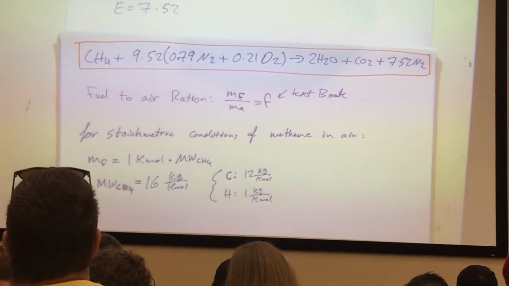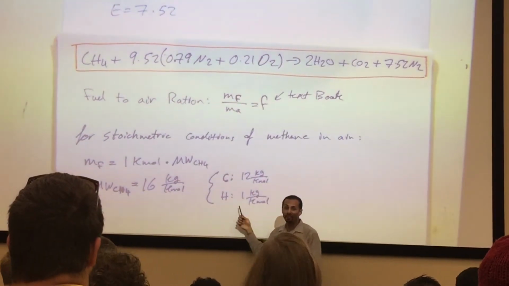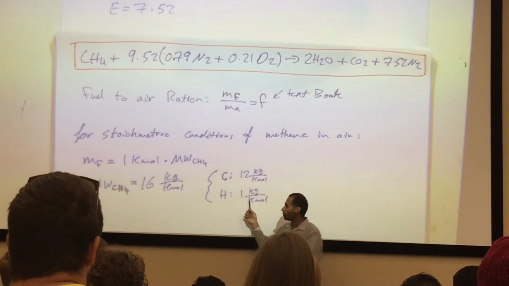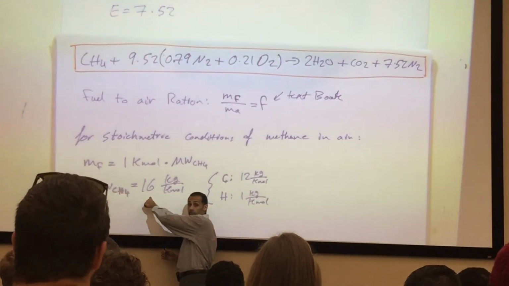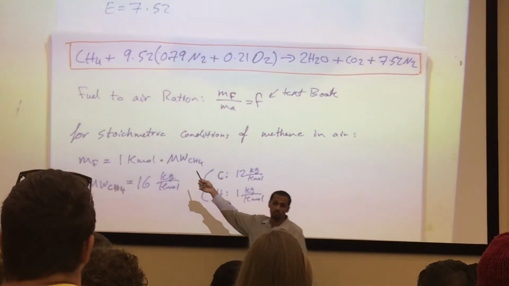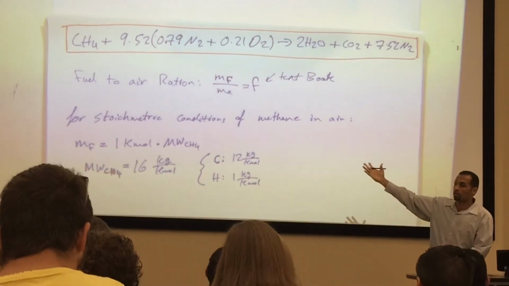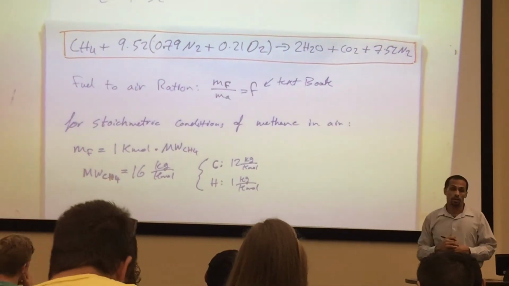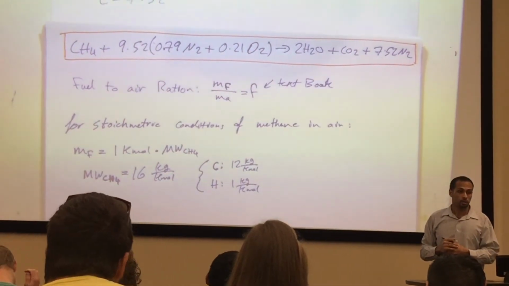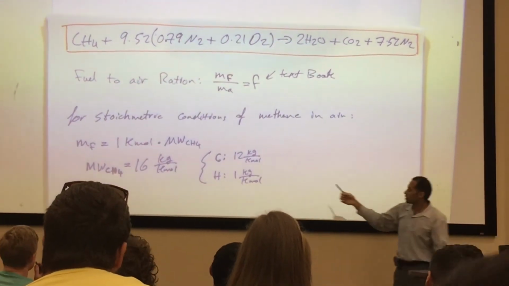They had this on their cheat sheet, but they could not compute this value. And once you don't know how to compute this value, how are you going to get your fuel-air ratio? How are you going to get stoichiometric conditions? If I'm asking you to figure out the MA and I'm giving you F, for example, how are you going to figure that out? You needed to know this.